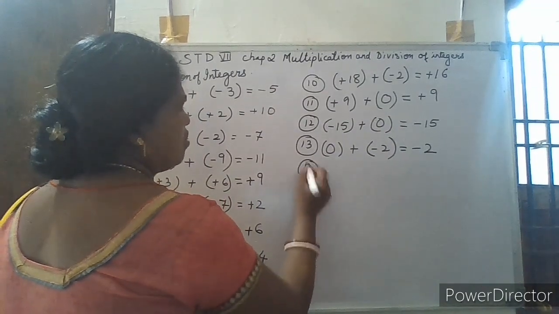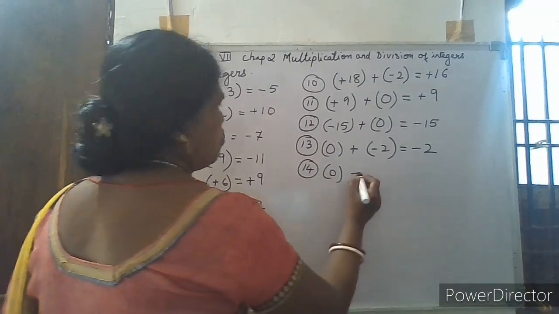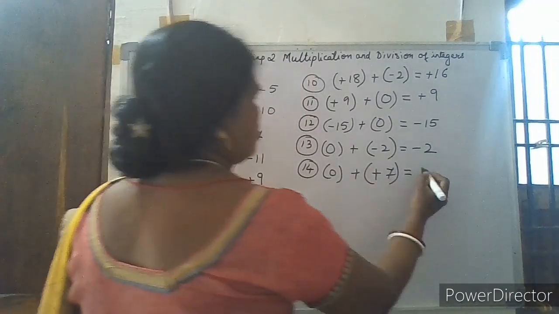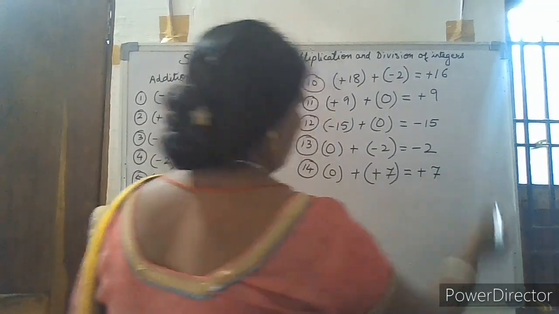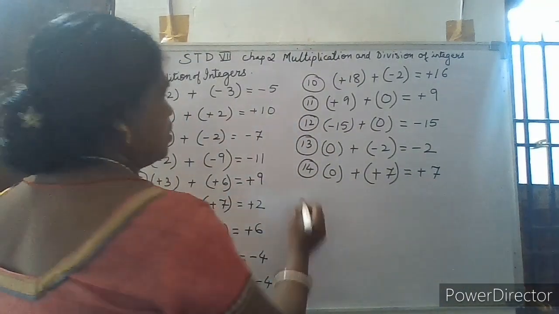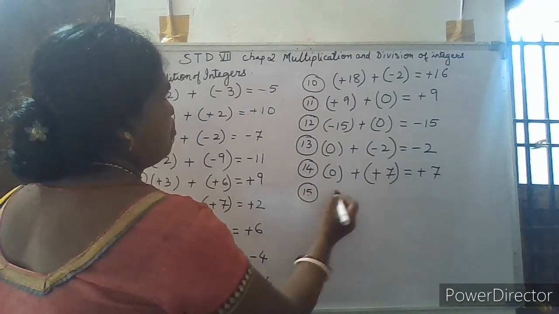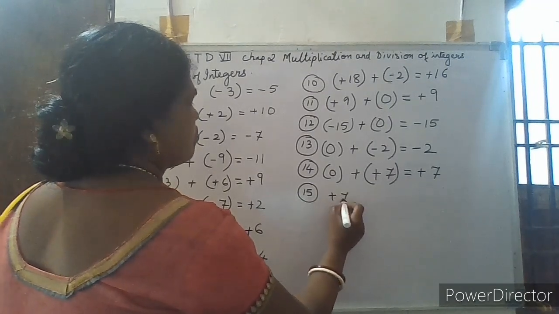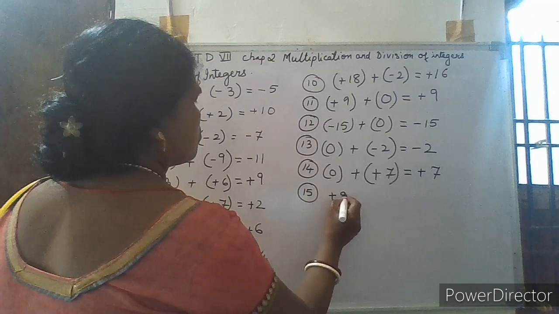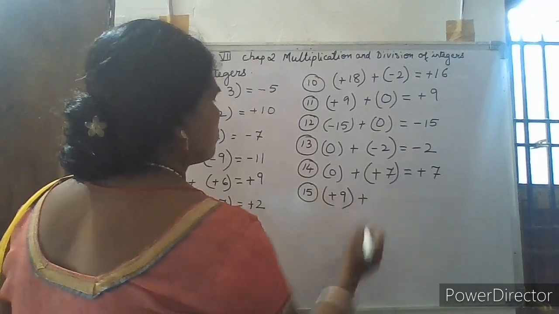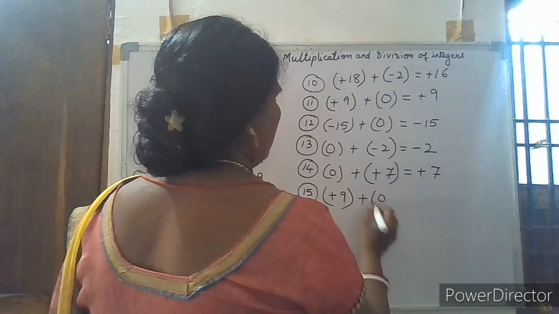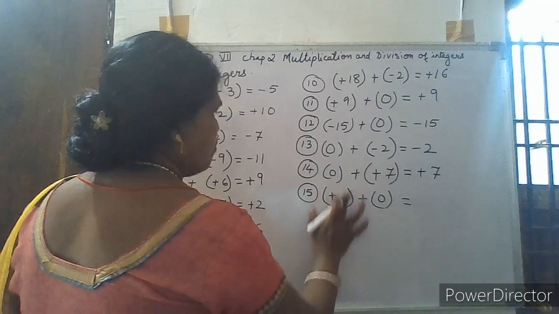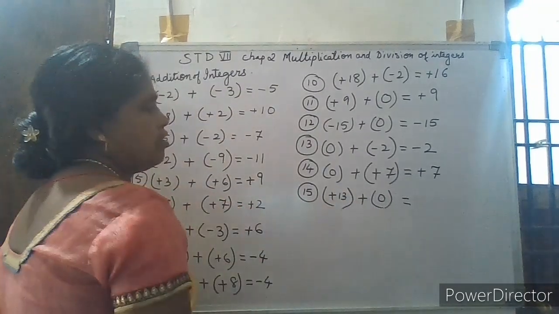Then 14th example, 0 plus 7, again 0 plus 7 is equal to 7 only, plus 7 only. 15th one, suppose plus 0 is given, same example I have repeated, 13.